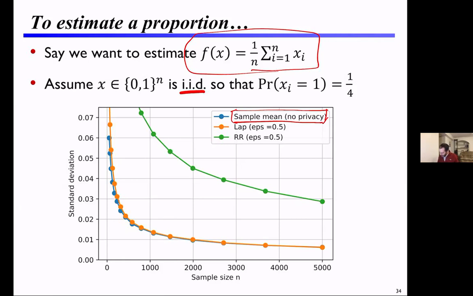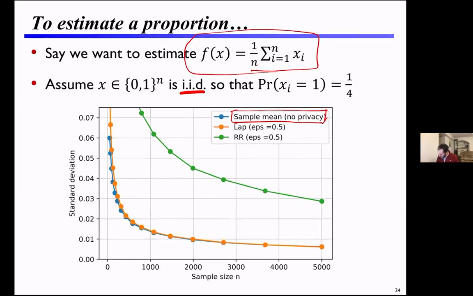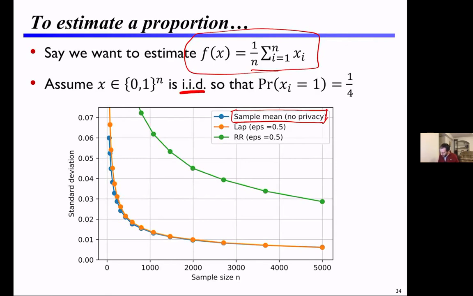The other two curves show how much noise you get from running the Laplace mechanism, and, on the green curve, the standard deviation of your estimate using randomized response. All of them are kind of reasonable when your sample size starts getting big: at n equals 2000, even randomized response isn't doing too badly. It's giving you an estimate somewhere between 0.2 and 0.3.